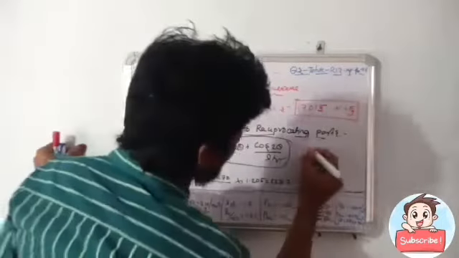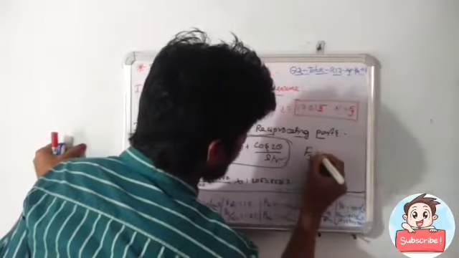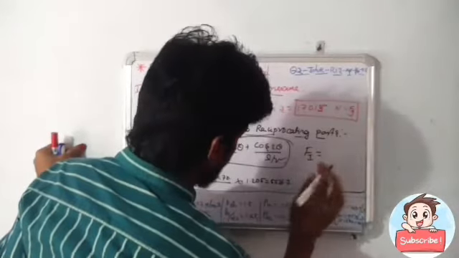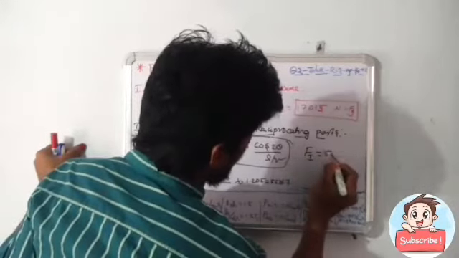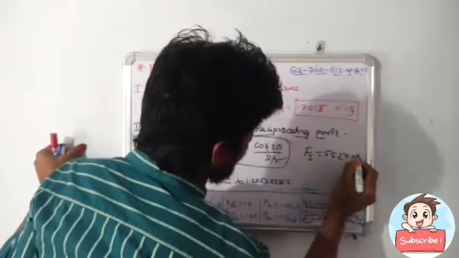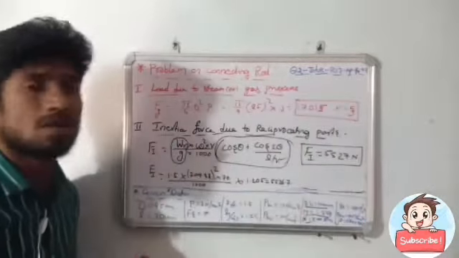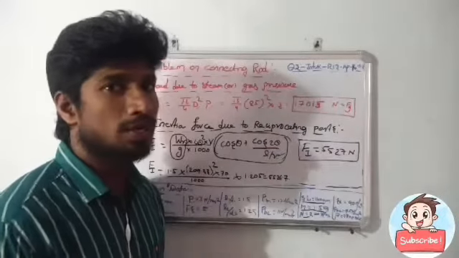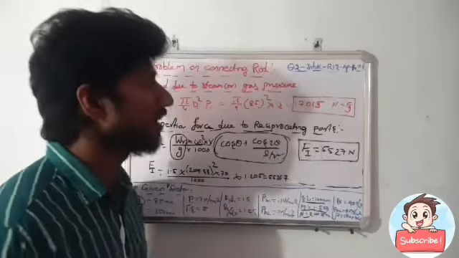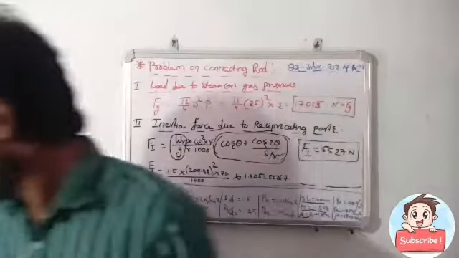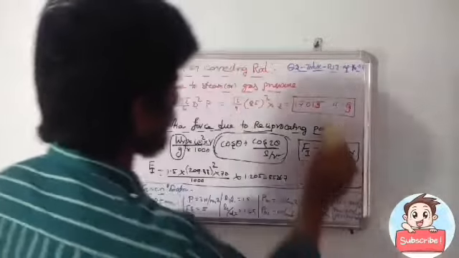So finally, inertia factor Fi equal to 5527 newtons. So this is about the inertia factor value. This is about the second step. Go to the next step. That is the third step.